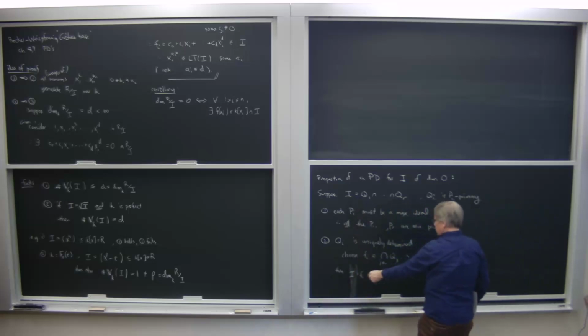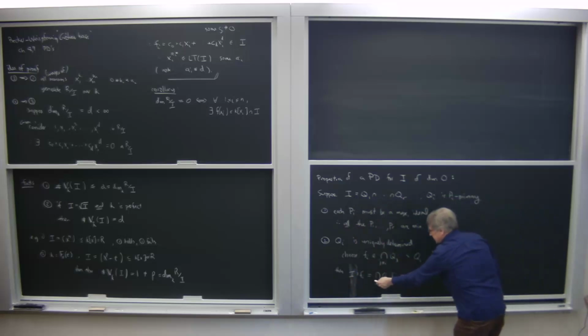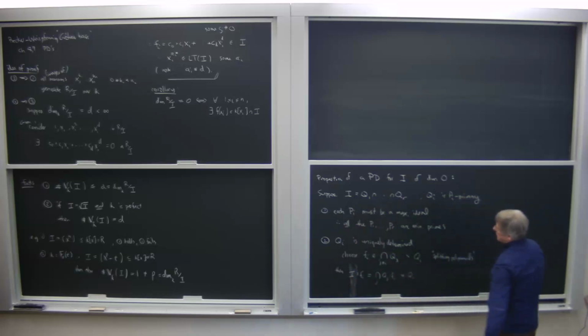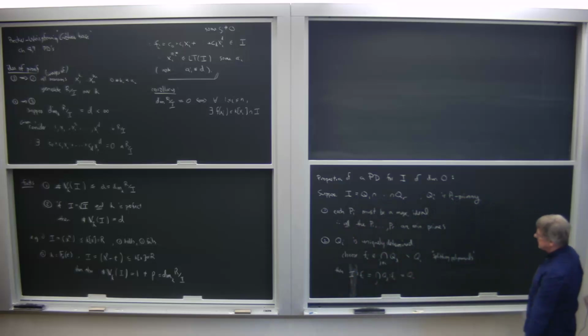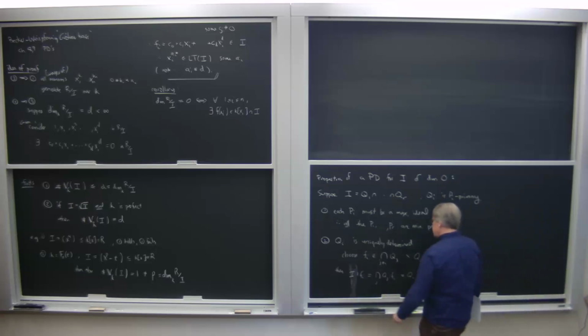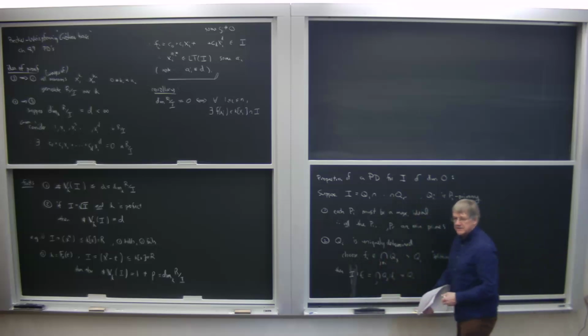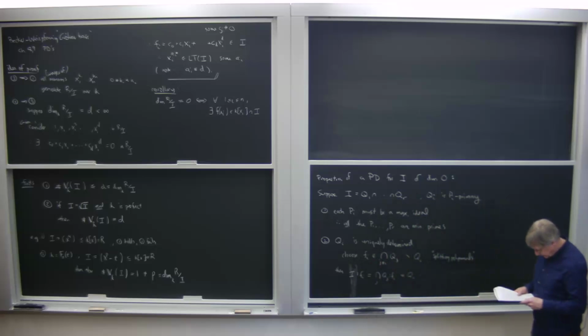So I colon that is the intersection of all of these colon that, just by looking at the definition, and therefore this is Qi. So by doing an ideal quotient with respect to some element, I get that. Now, maybe I need to take it inside the intersection of the primes minus that. But anyway, this is still going to give us all of them.